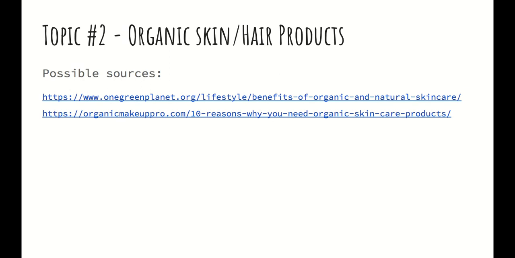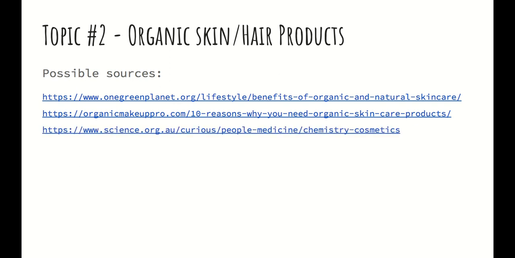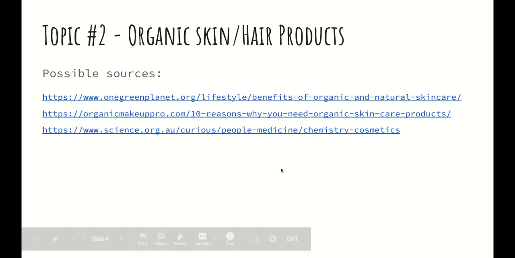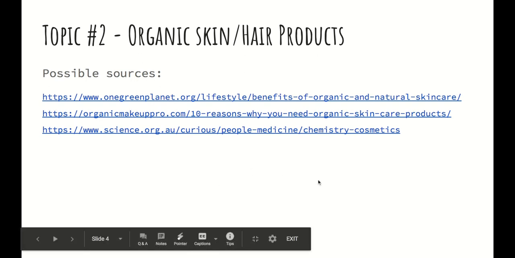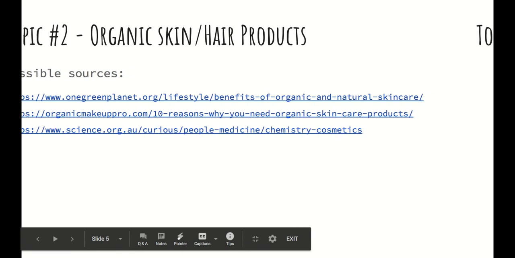There was kind of a blog list of organic makeup, and another one that had a little bit more of a scholarly edge to it, had to do on science.org, and it gave some background and some information about the chemistry of cosmetics, which was pretty interesting.